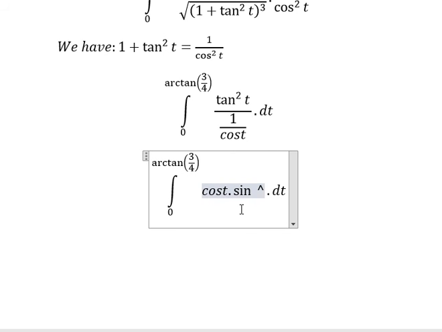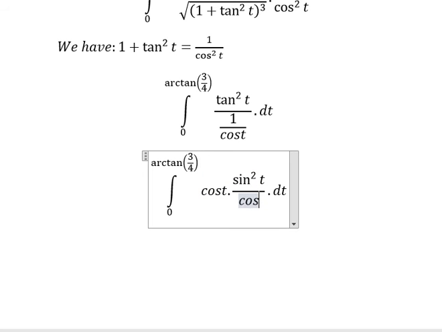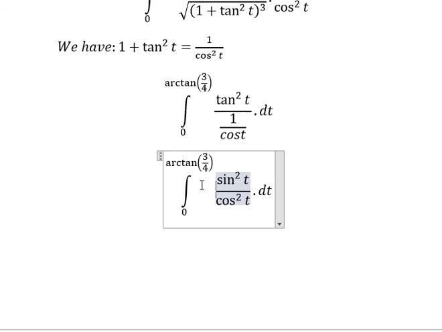We will have sine t squared over cosine t squared. Cosine t and cosine t, you simplify, and now you get cosine t.